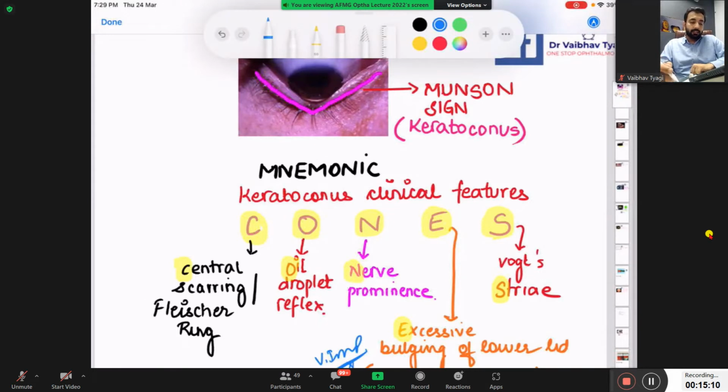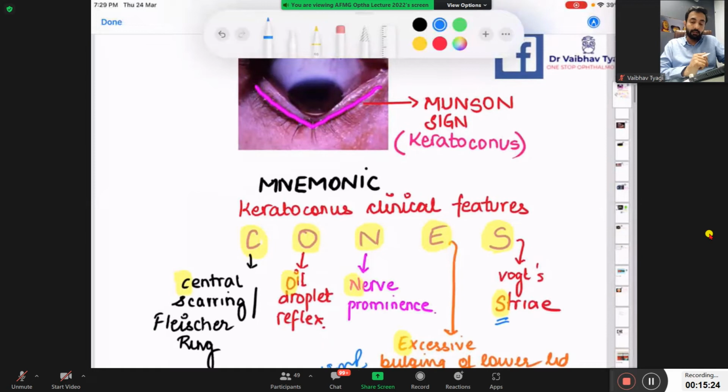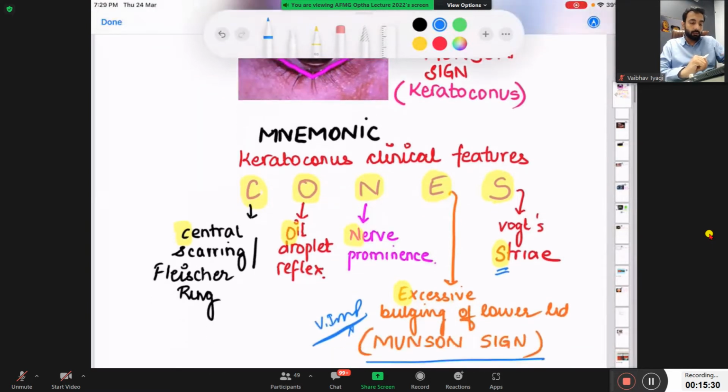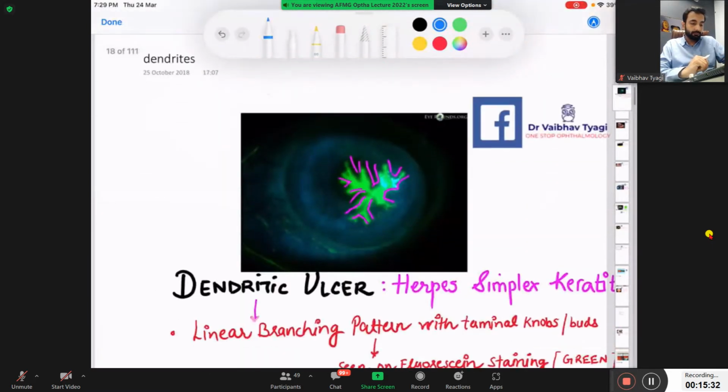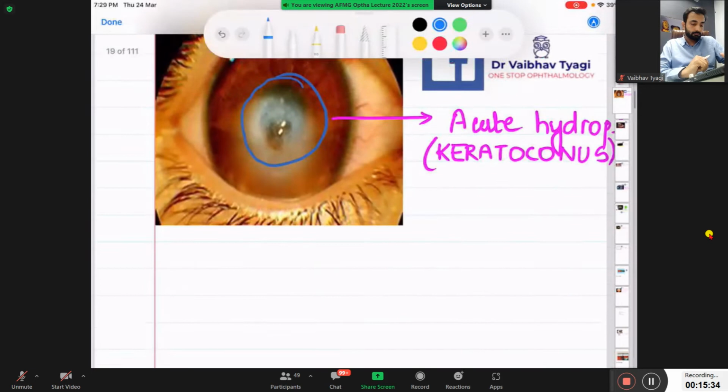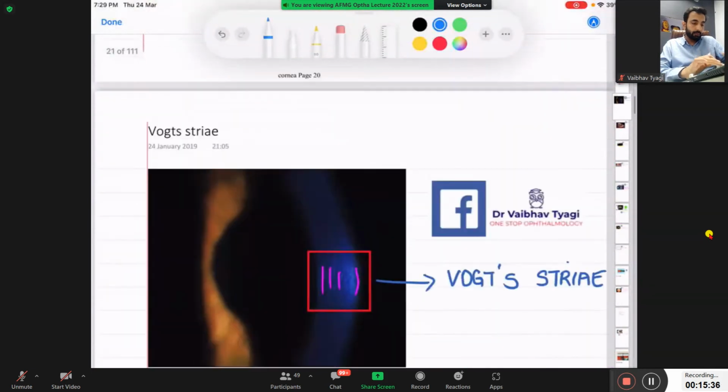Now coming to next, last S. S stands for striae, and it is called as Vogt striae. Vogt striae are seen in keratoconus. S for striae, and which striae? Vogt striae. Can you appreciate this picture?